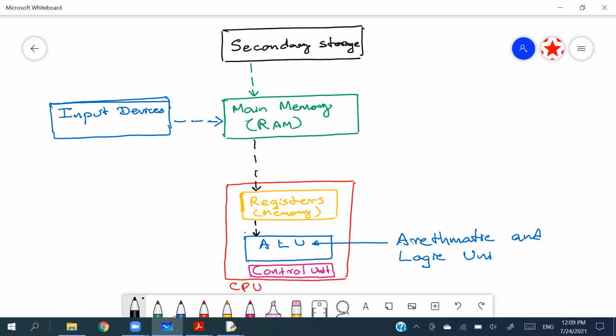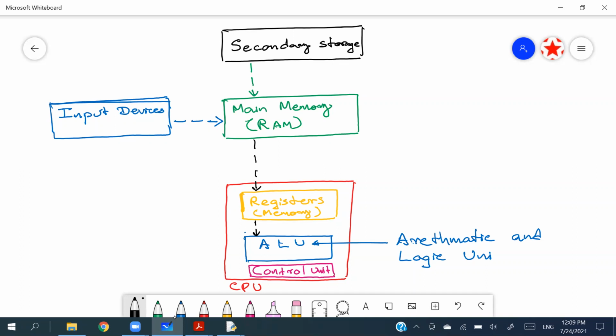Compared to the register memory, main memory is very big, because register memories come in kilobytes and megabytes, while main memories come in gigabytes. So it's 1,000 times bigger than the register memory, sometimes 100,000 times bigger. So main memory has a lot of instructions, and one by one they are given to the register memory.